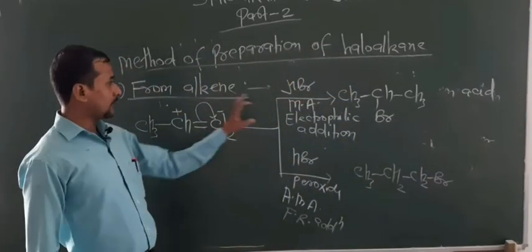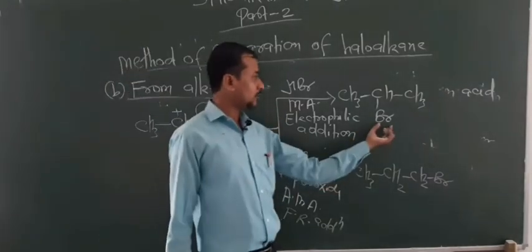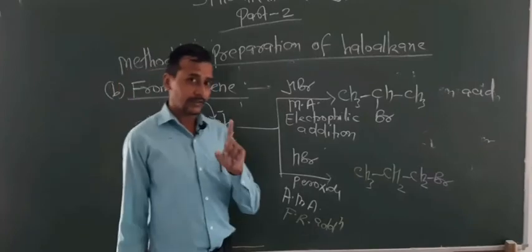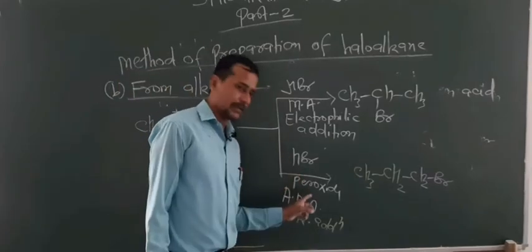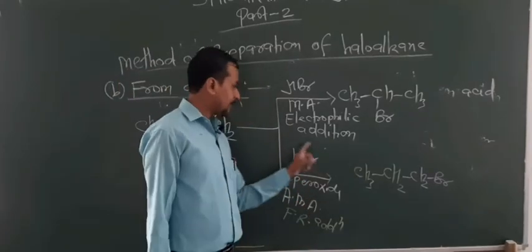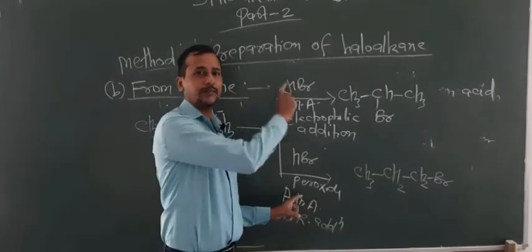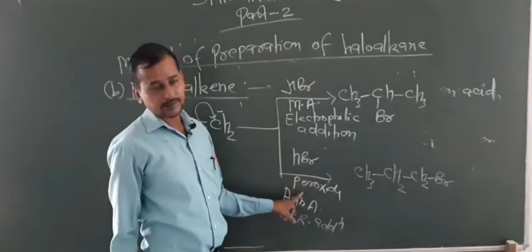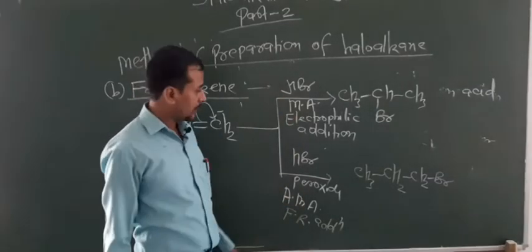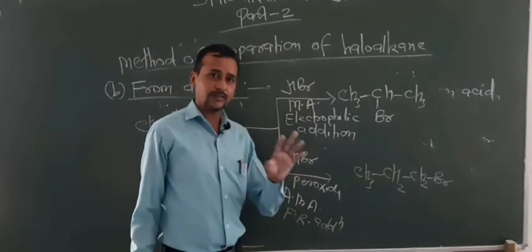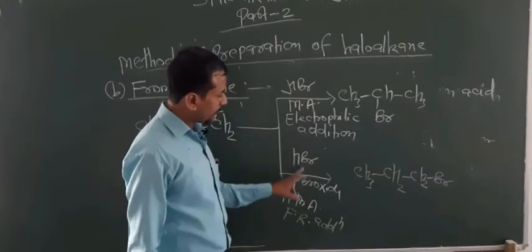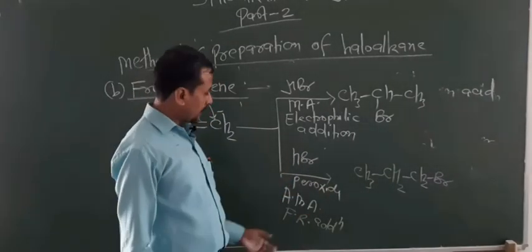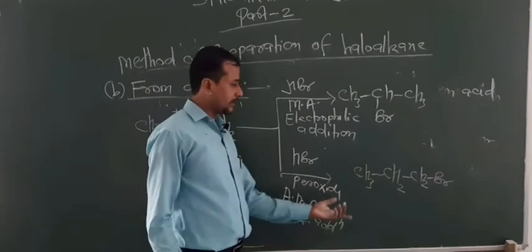So according to Markovnikov rule, the product is 2-bromopropane, but according to anti-Markovnikov rule, you have to follow the condition, that is HBr and peroxide. In absence of any one, they will follow Markovnikov. That means if HCl and peroxide, they will give Markovnikov. Only and only in the case of HBr with peroxide, this will follow the anti-Markovnikov rule and the reaction mechanism is free radical addition.